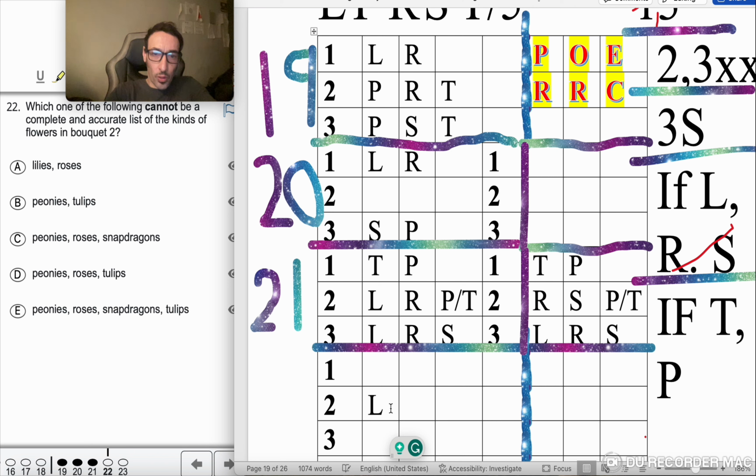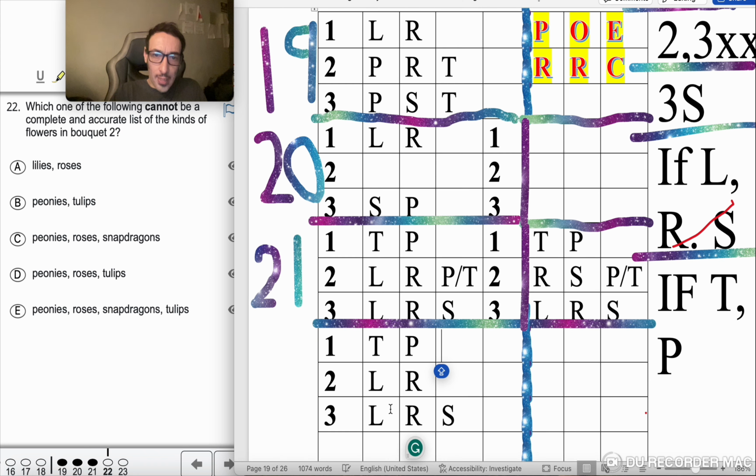So I'm going to create a world where I have L and R in bouquet 2. And as you can see, I've already created it. So we have to have 2 of a kind in 2 and 3. So 2 exactly.